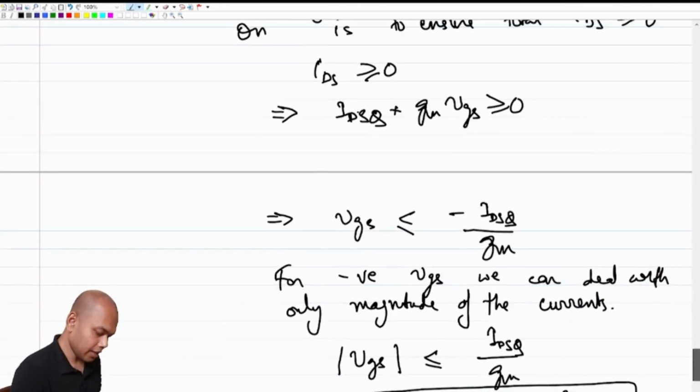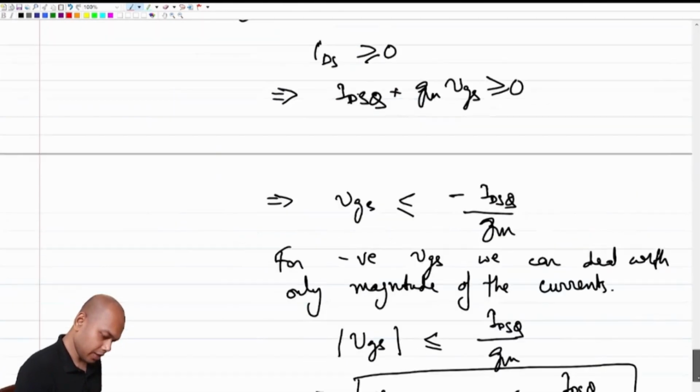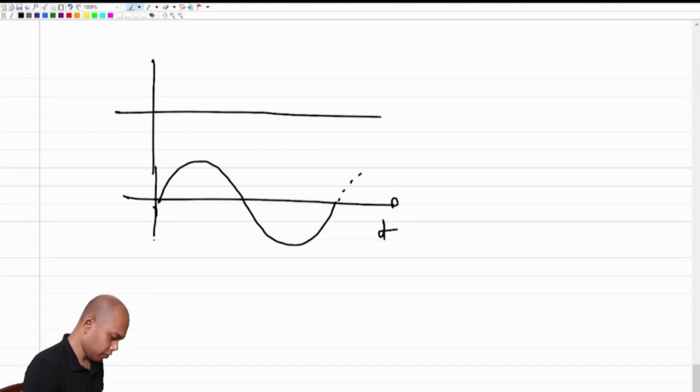This is essentially telling us that, let me sketch it on a different page. So this is the input voltage, this is Vi, and this is the total current, so this is IDSQ.